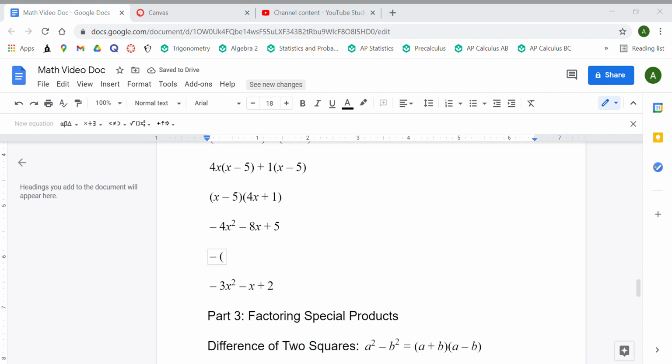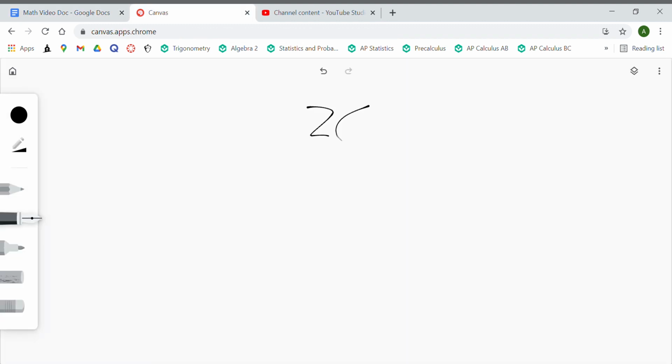I'm just going to clear these comments out. And so 4x squared, it's going to be plus 8x, and yes, we are multiplying every single one by negative 1. Now I have a negative c value and a positive b value. So we're going to take 4 times 5 again. It's going to be 20.